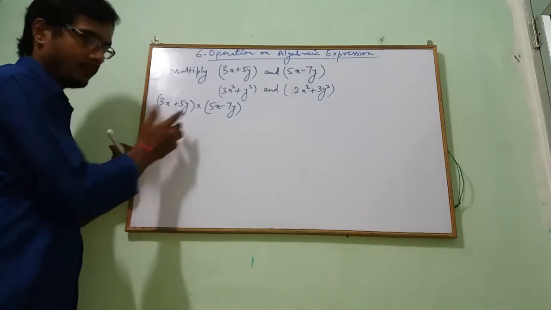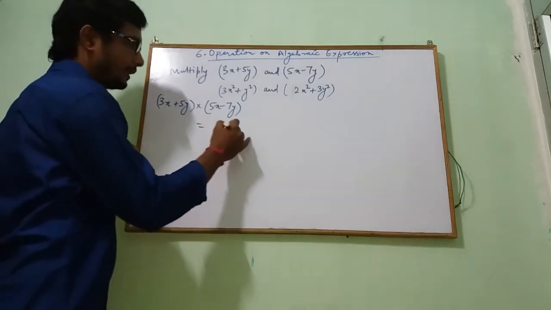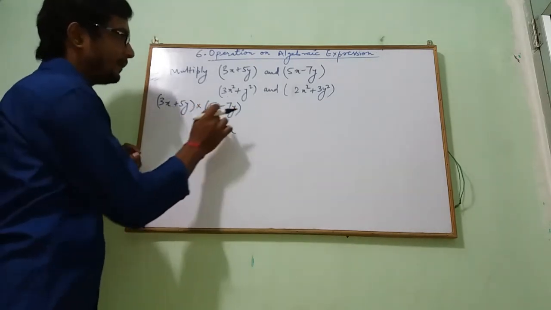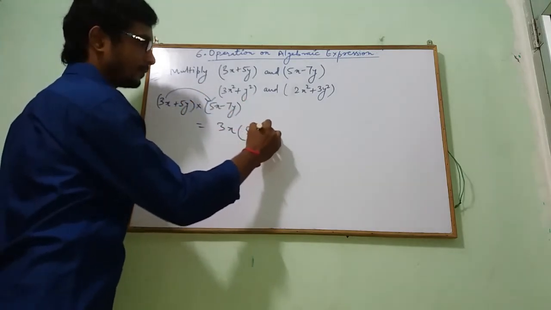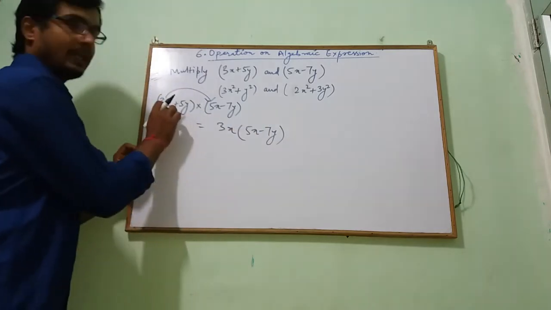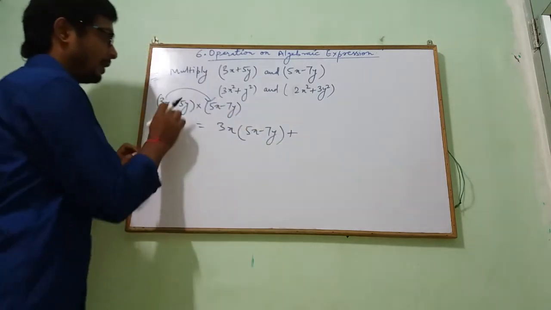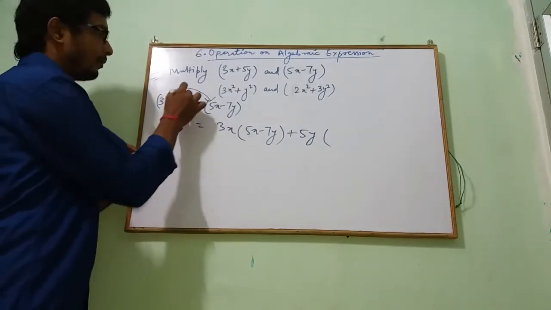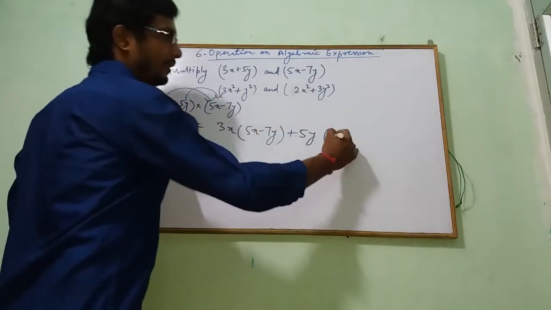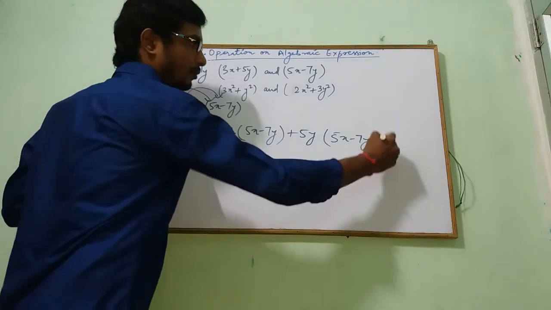So it becomes 3x, which I will multiply with 5x minus 7y. Then I will write plus here, and then I will write 5y, which will be multiplied with 5x minus 7y.